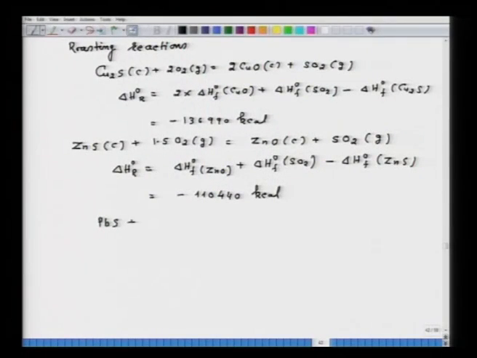Similarly, another product you can have in the roasting of PbS plus oxygen may form PbSO4, and its delta H naught of reaction is equal to minus 197,000 kilocalorie per mole of PbSO4.